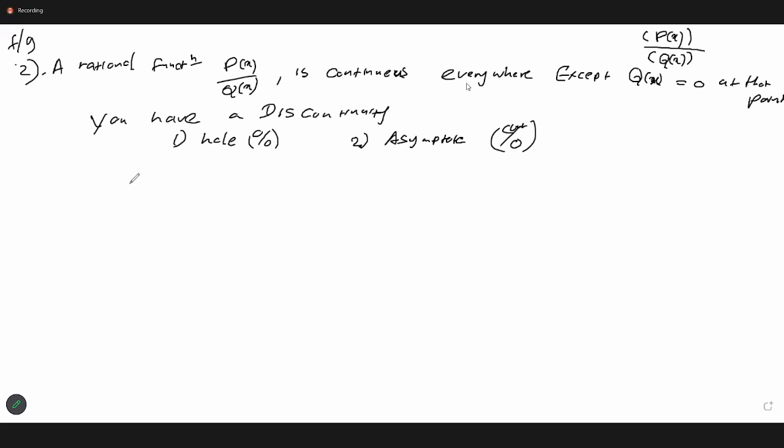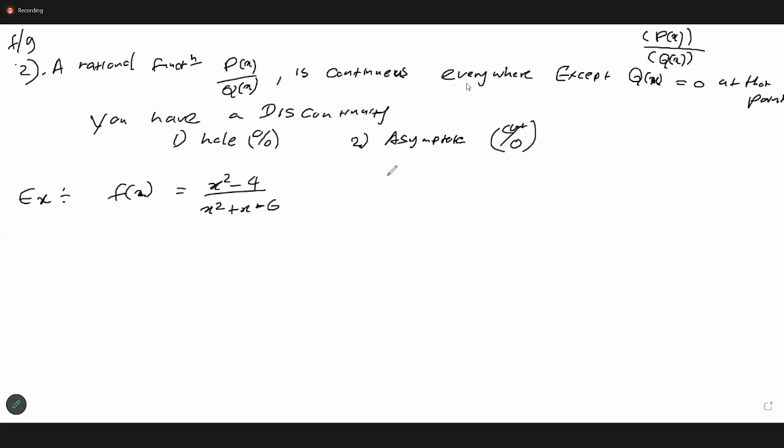Okay. Now let's take an example and try to understand. Example. Let's take f(x) equal to x squared minus 4 divided by x squared plus x minus 6.